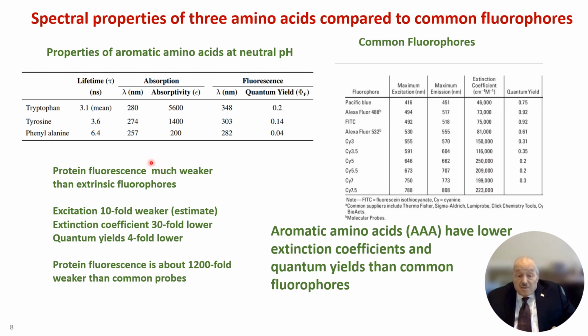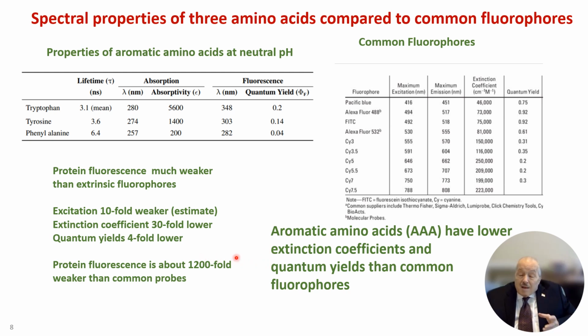Now you put all these things together, and just a back of the envelope calculation would say that protein fluorescence should be much, much weaker than that of the extrinsic fluorophores. There's a couple of reasons why we don't always notice that if you're looking with a spectrophotometer.